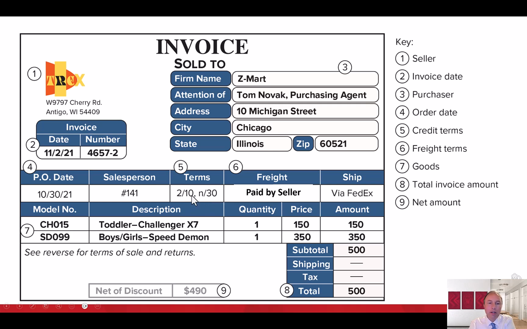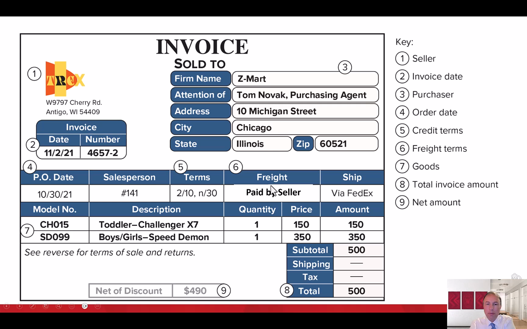But this right here means if we pay within 10 days, we get a 2% discount off of the invoice price. Let me say that one more time. 2/10, n/30 means that, hey, we've got to pay you within 30 days, but if we pay you within 10 days, we're going to get a 2% discount off of the invoice price. That's what those terms mean, and we'll revisit that coming up in a second.